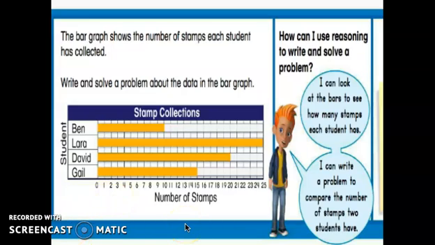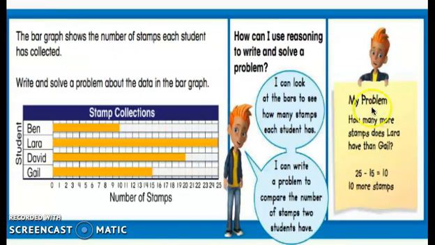Now, I want you all to make your own problem up, but I'm also going to do a problem with you. So my problem is how many more stamps does Laura have than Gail? So I know it shows you right here exactly what we have to do, but let's take a look at this.